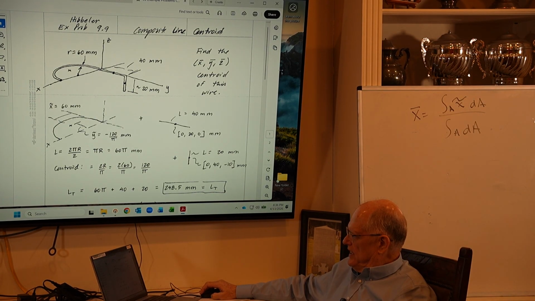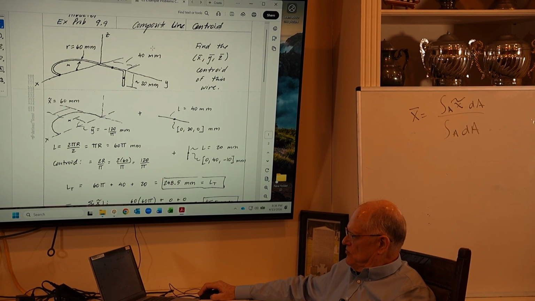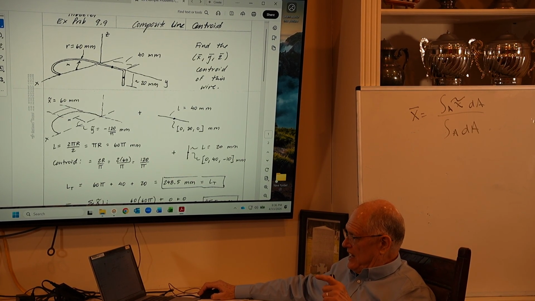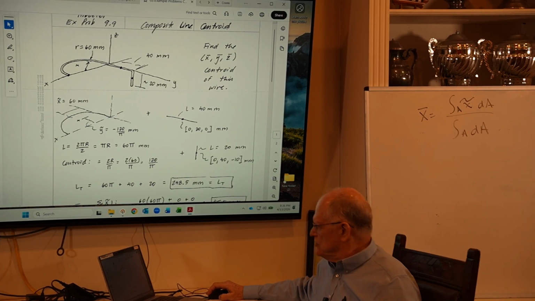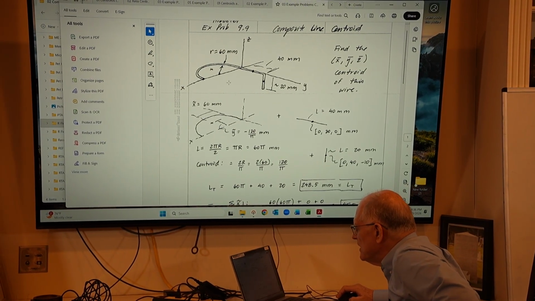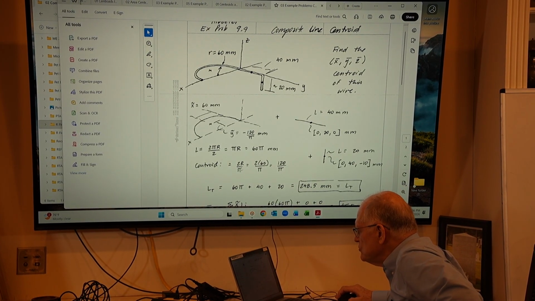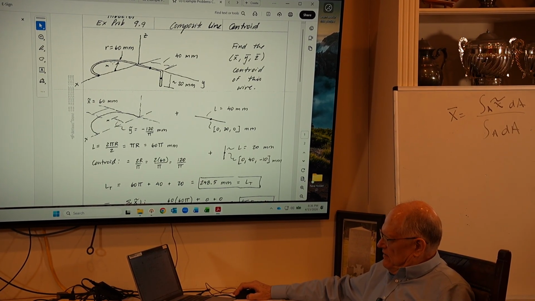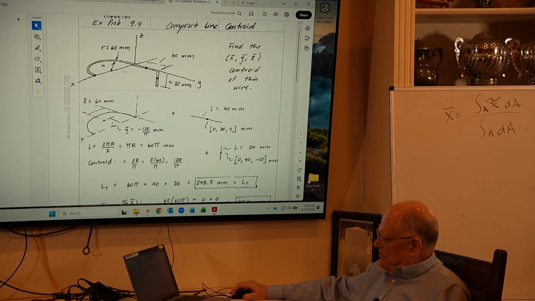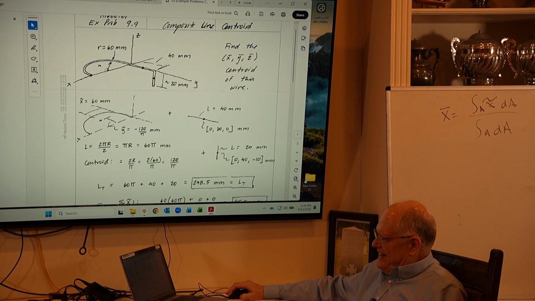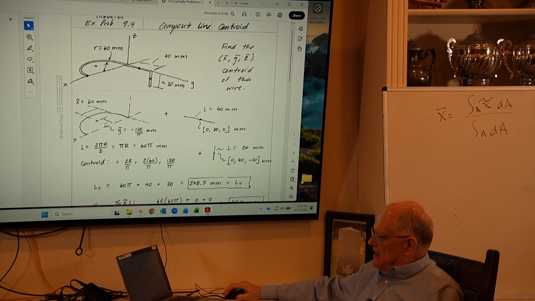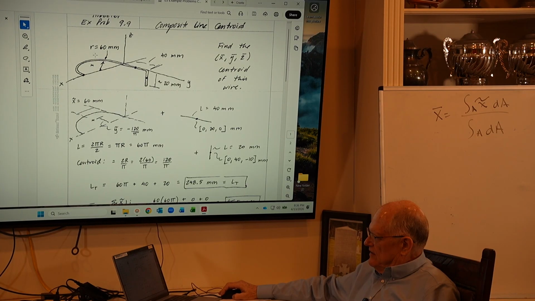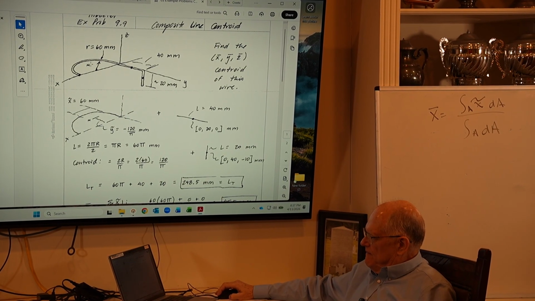Those are the three lengths. The centroid of a half-circle line is 2r over pi. So the centroid of this one is in the negative y direction, negative 2r over pi. The x is 60, and the z is 0.